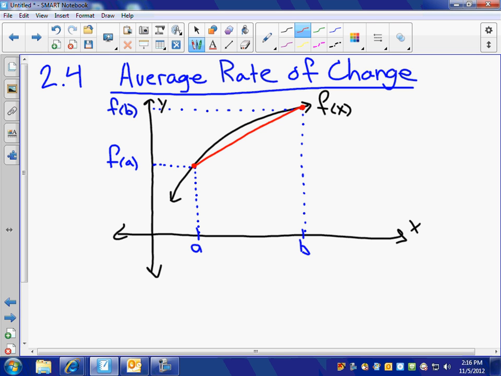That's the average rate. Now, let me ask you a question here, okay? If I leave at 7 o'clock and I get here at 7:30, my average rate is 70 miles per hour. True or false? Sometime between there, I'm traveling less than 70 miles per hour. True.